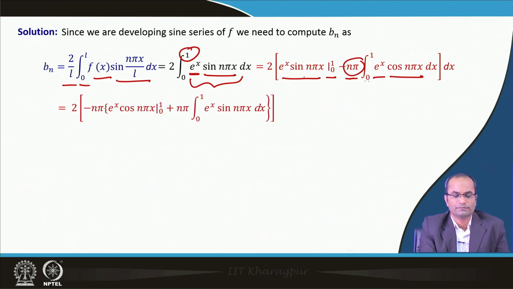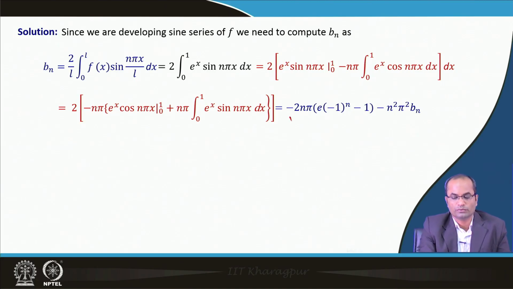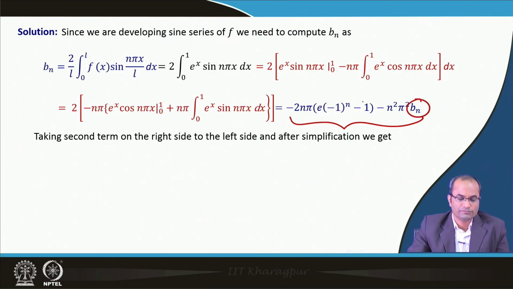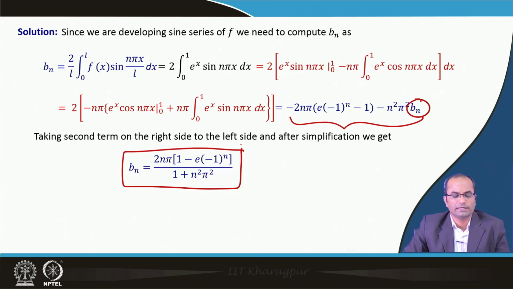Here the sine 0 will become 0 and sine n pi will also be 0, so this term will become 0, and the second term again we have to integrate, and we will get this result here, which can be simplified to get in terms of this b n again, and if we take this to the other side, we can simplify for b n. So, after simplification, we are getting this b n as 2 n pi (1 minus e minus 1 power n) over 1 plus n square pi square.